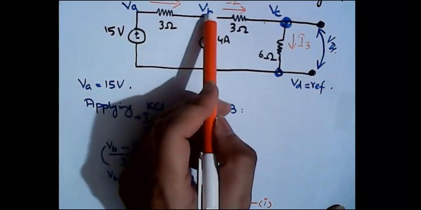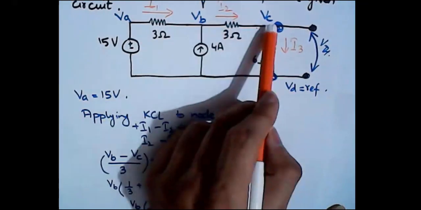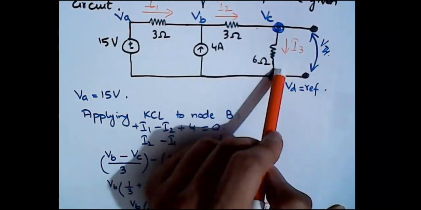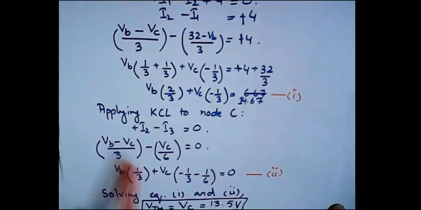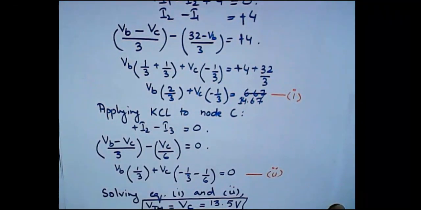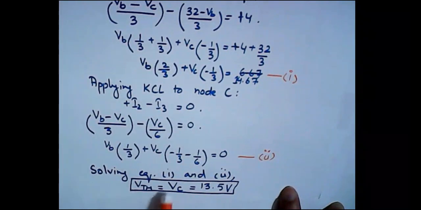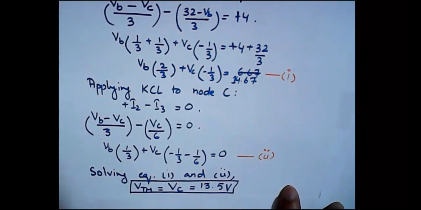Why VB minus VC divided by 3? Because current I2 is leaving from node B, so VB minus VC divided by the resistance 3, and similarly current I3 is VC minus VD, which is 0, divided by 6, right? So VB minus VC divided by 6, and there may be a calculation error, but I believe that the answer is 13.5 volt. You people just need to verify.